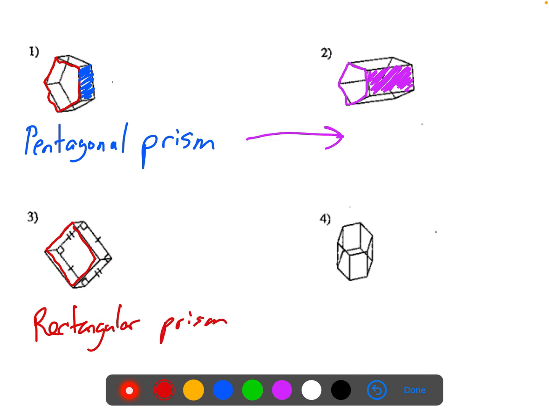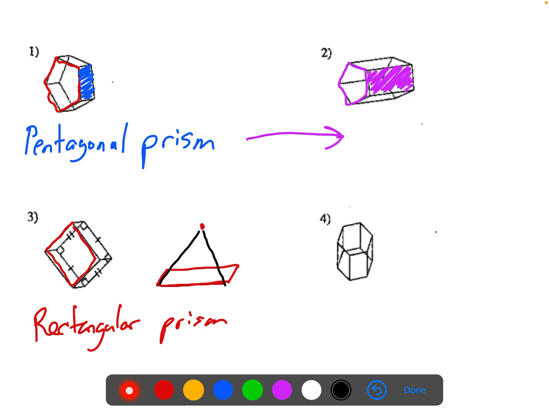Now, we don't have any examples here, but if we had a rectangular base, and I'll draw it down so it looks like the base there, and all of the other sides met at a point, let me try a different color here.